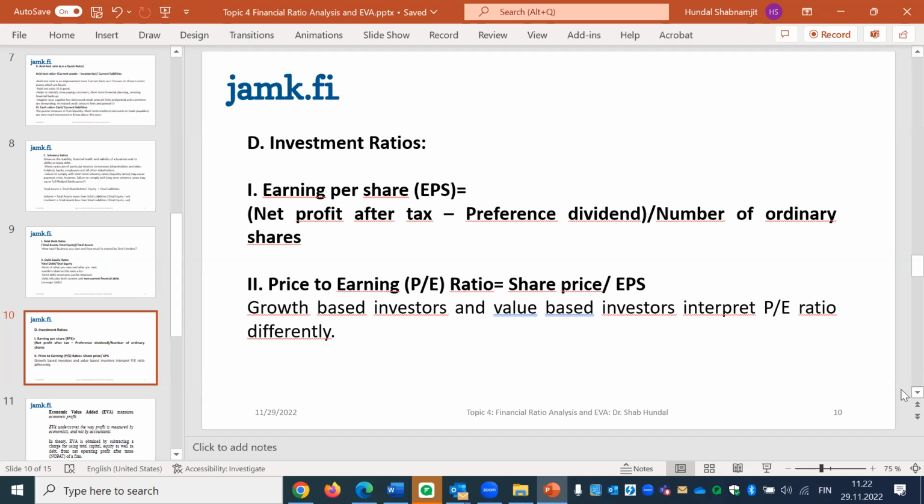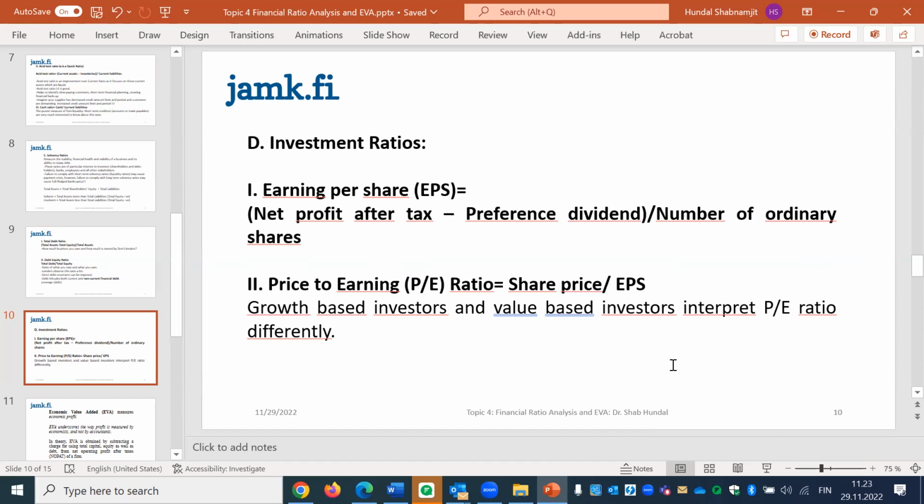Because they exchange their voting rights for the right to get the dividend first, before the other shareholders. The other shareholders are called ordinary shareholders, the very pure form of shareholders.